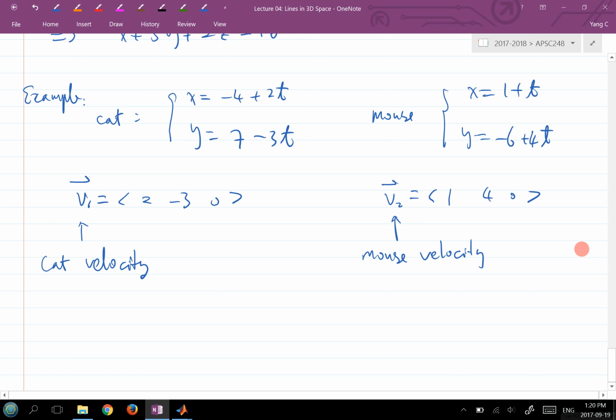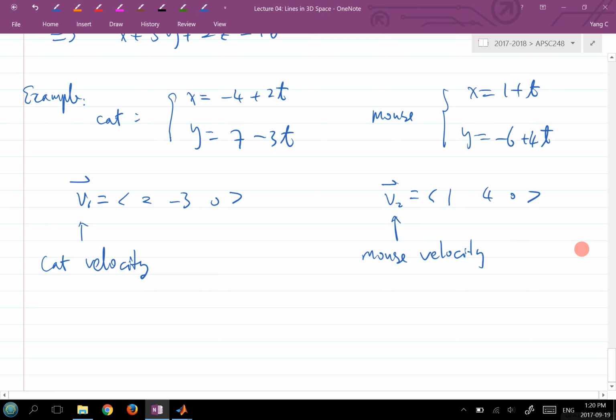Not parallel. They intersect, right? The two trajectories must intersect. But that doesn't mean the cat will definitely catch this mouse. In other words, the cat doesn't necessarily meet the mouse at the intersection point.